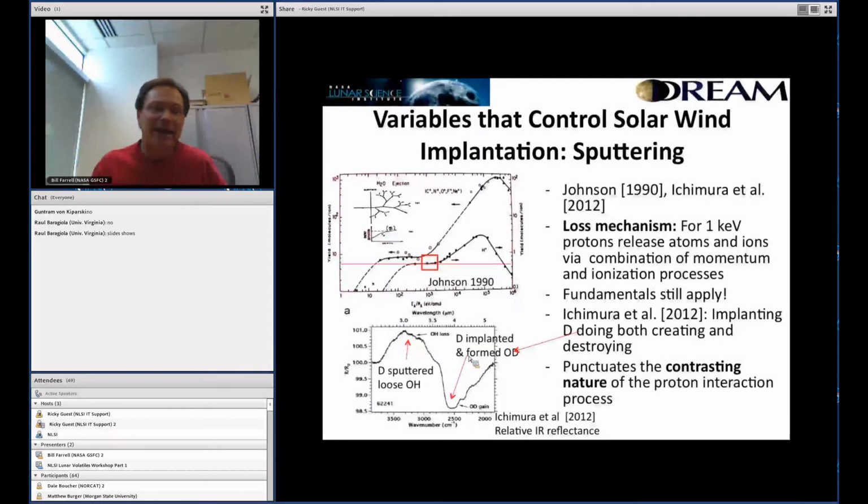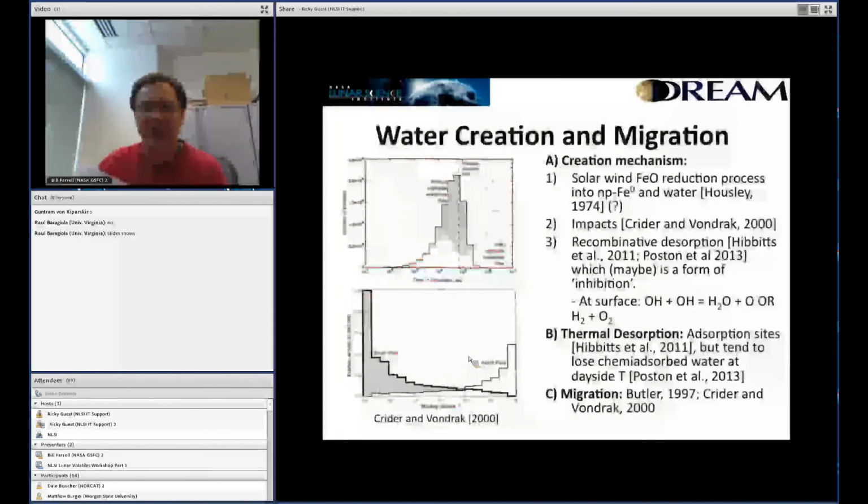So the Ds were doing both, affecting loosely bound OHs, to use the parlance of Carl Hibbitts, the physisorbed OH, which is probably a contamination, which is why they went with Ds. But it created the ODs that you could see at 4 microns. So again, this punctuates that contrasting nature where the Ds giveth and the Ds taketh away. Next slide.